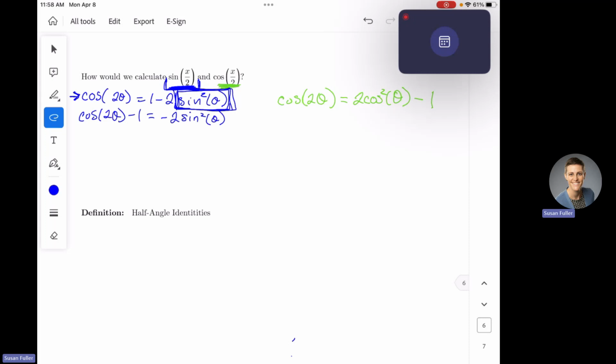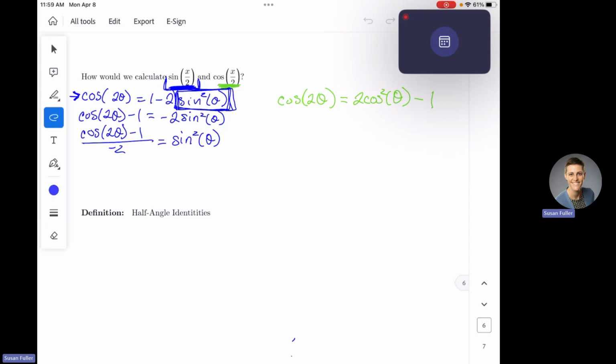Again, I'm trying to get to sine of theta, so the next thing I'm going to do is divide both sides by negative 2. And then I want to get rid of those negatives, so you can either think about factoring a negative out on the top, or multiply top and bottom by negative 1.